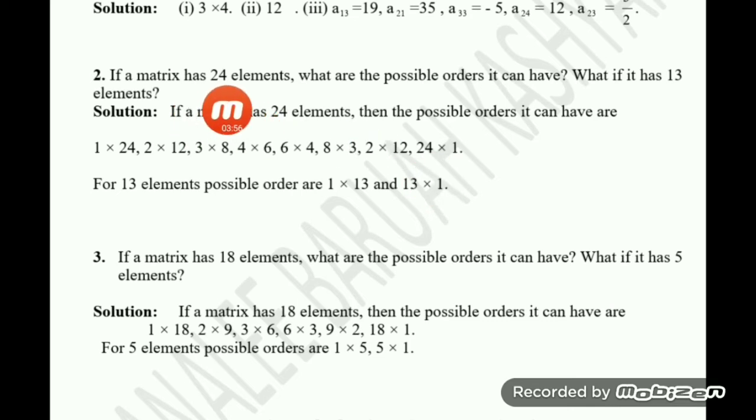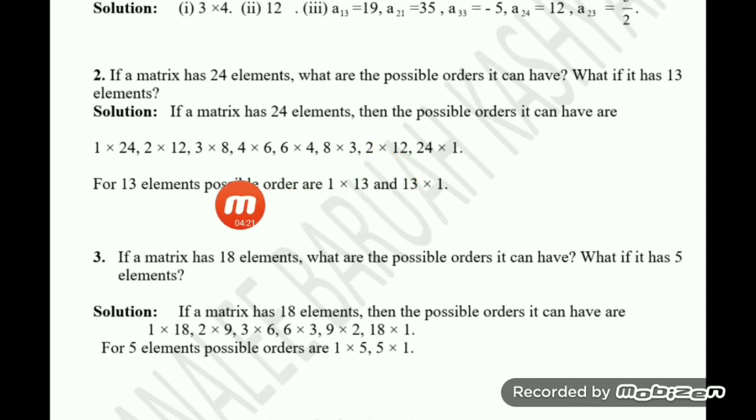Similarly, 24 is divisible by 2 also. When we divide 24 by 2, you will get 12. So 24 can be written as 2 into 12. So one of the other orders is 2 by 12, and if you change the position, you will get 12 by 2.